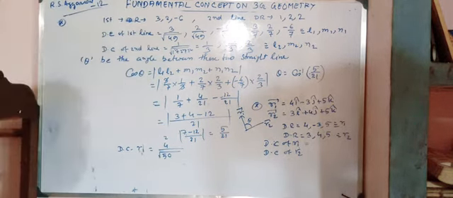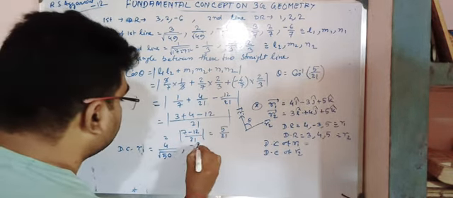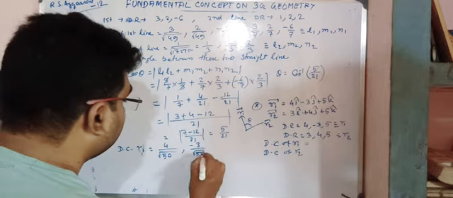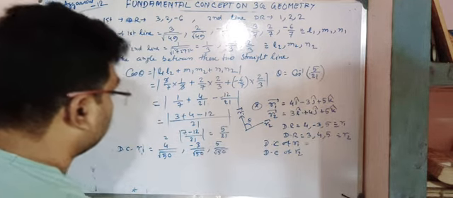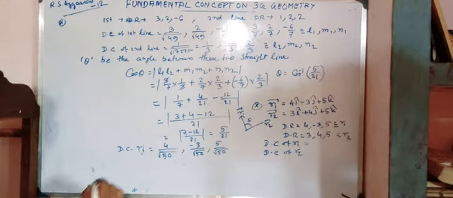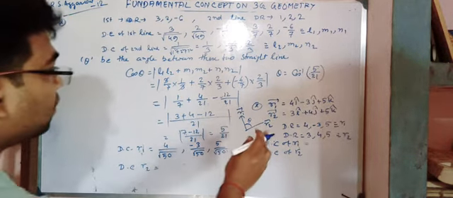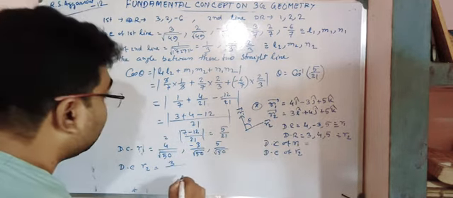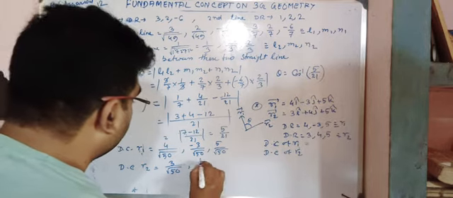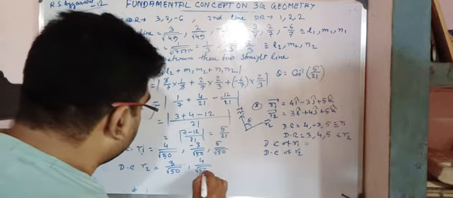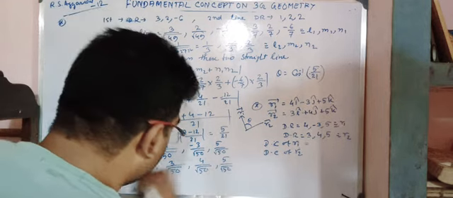So 4 by root 50, minus 3 by root 50 and 5 by root 50. The direction cosine of R2 is 3 by root 50, 4 by root 50 and 5 by root 50.